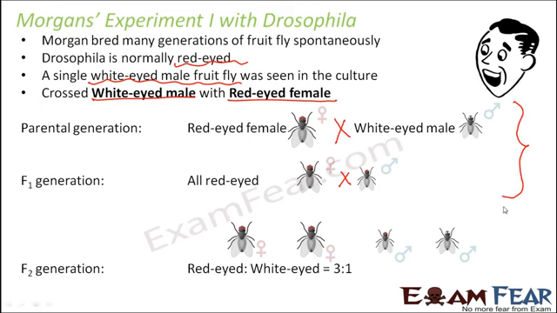But when the F2 generation came into the picture, since he had used male and female fruit flies, different sexes, he started doubting if the trait had some link with sex, because the females were all red-eyed but the white eye color was seen only in males. This gave him that thought.